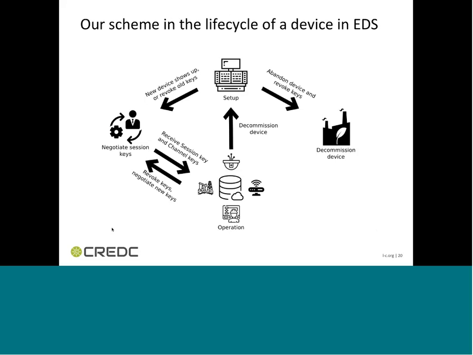Now let us start talking about our scheme. In our scheme, we basically have a bunch of phases. Initially, there is the setup phase, where the device is installed with our identity macarons, and then it is connected to the network. Once the device is connected to the network, the device negotiates session keys with the controller, and the device says which channels it needs to connect to, which is again specified in the identity macaron.